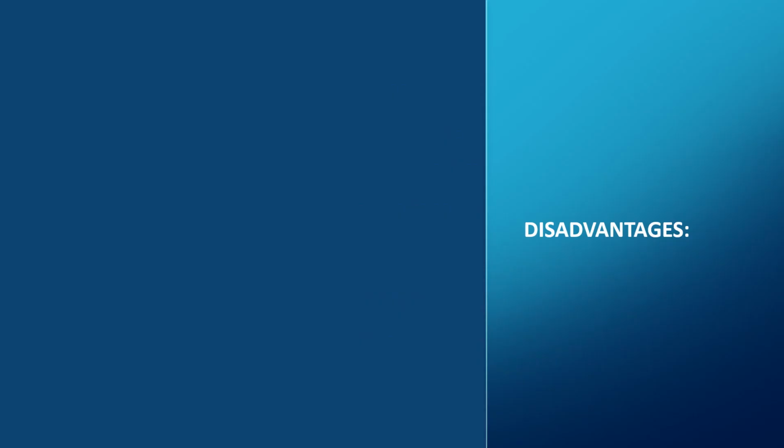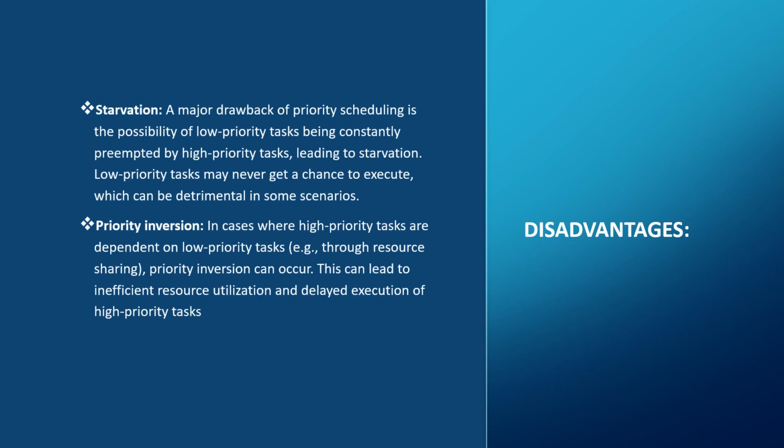Now let's see disadvantages of priority scheduling. Starvation. A major drawback of priority scheduling is the possibility of low priority tasks being constantly preempted by high priority tasks, leading to starvation. Low priority tasks may never get a chance to execute, which can be detrimental in some scenarios.